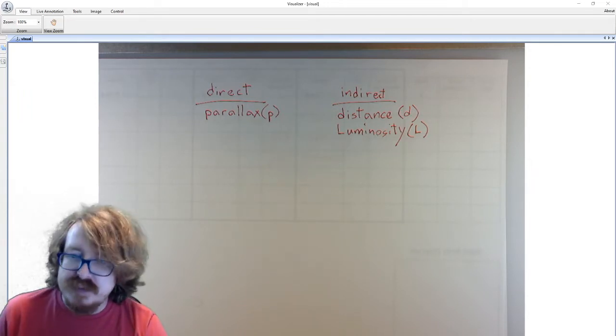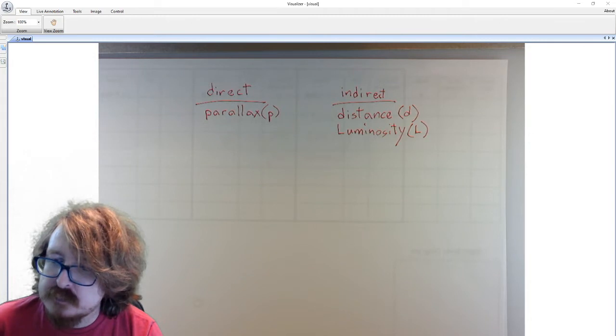Essentially, what's the problem is this. The problem is that the star is putting out light.